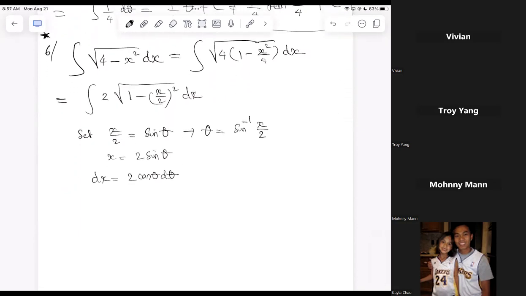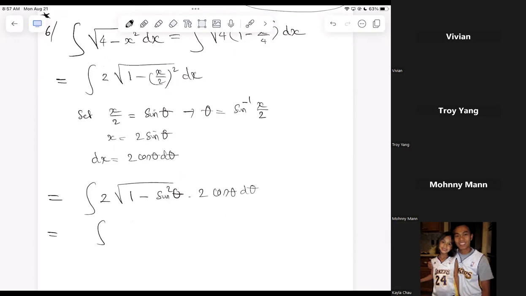Now the integral becomes 2 times the square root of 1 minus x over 2, which is now sine squared of theta, right? dx is 2 cosine theta d theta.